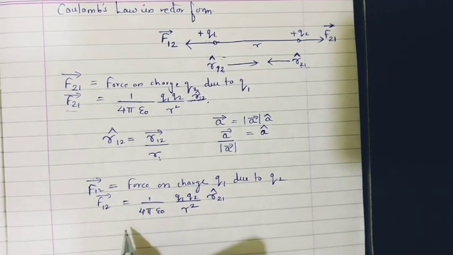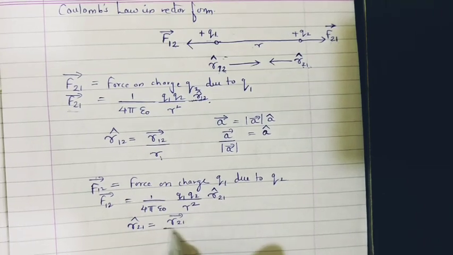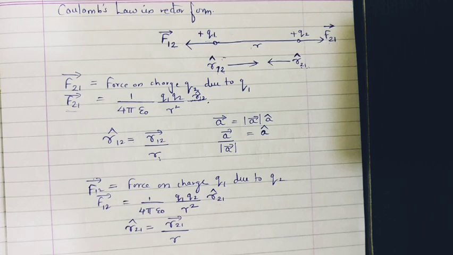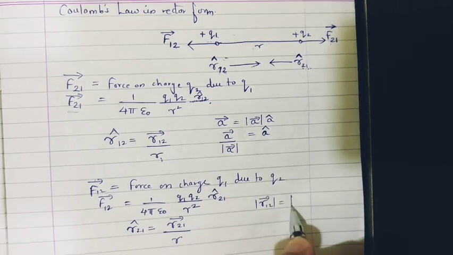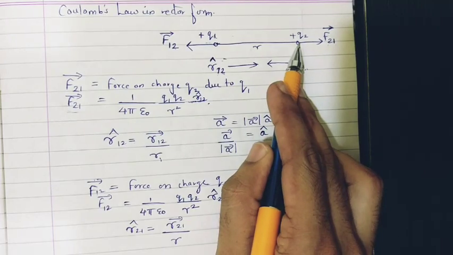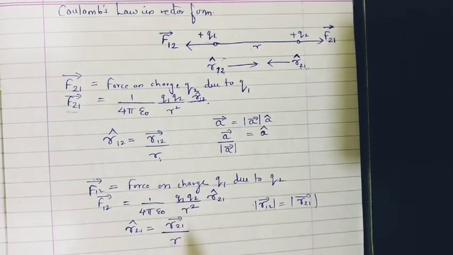So similarly here R21 is what? R21 will be R21 vector divided by its magnitude, that is nothing but R, correct? The magnitude of R12 and R21 is one and the same thing, correct? R12 same as R21, the magnitude is same. The distance from here to here and the distance from here to here is one and the same thing. So the magnitudes are same, but the directions are different.